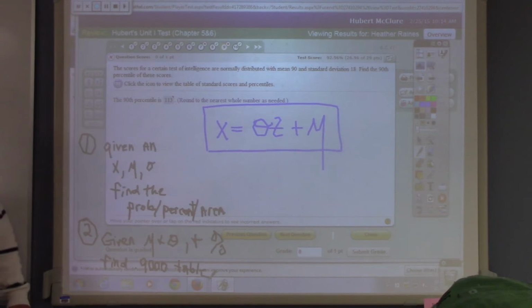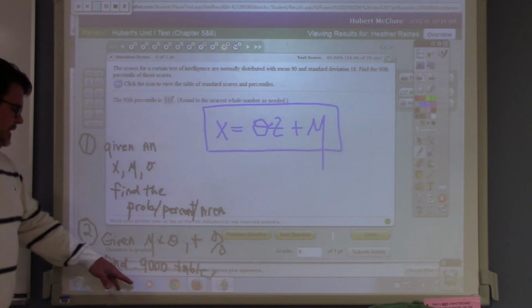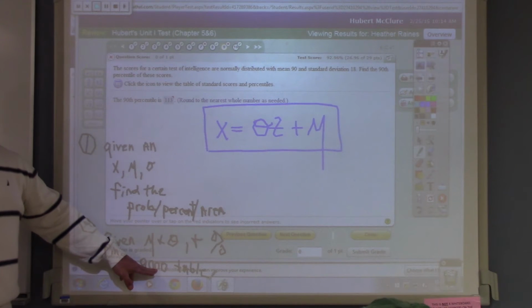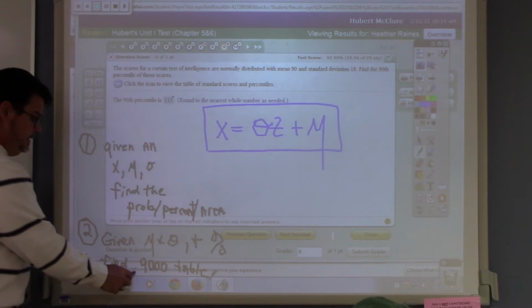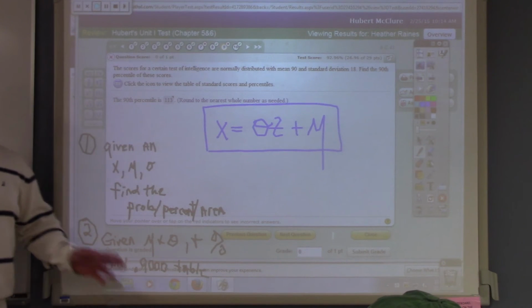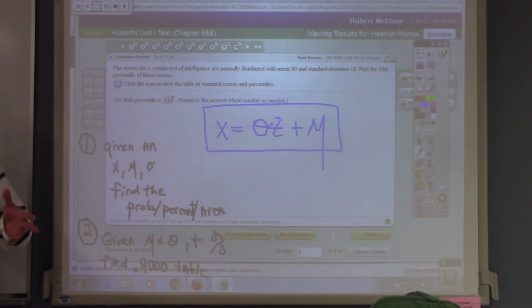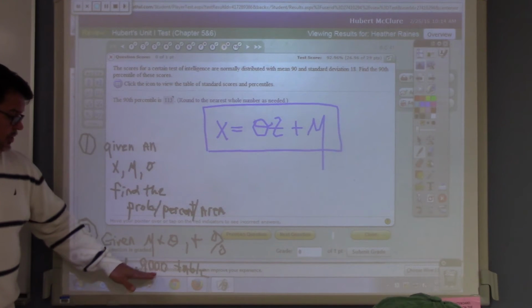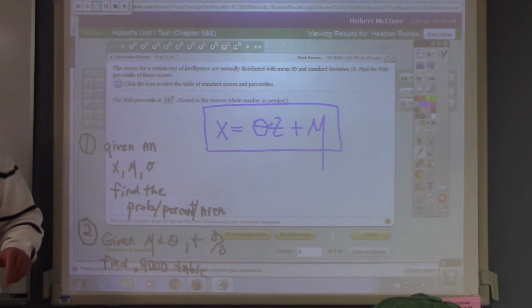Find 90. It's going to say 90% in your book, not 0.9, because they change everything in your book to where it's dumbed down. I don't like the book. So you're going to look for 90%.